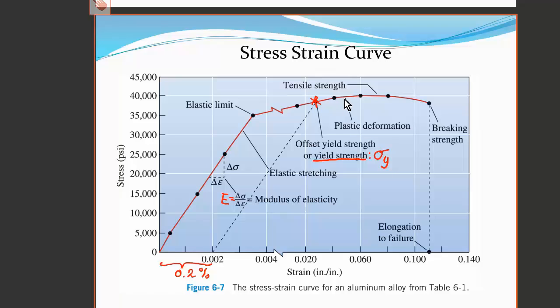We keep increasing the stress. The strain keeps increasing until we reach a maximum point on the graph here. The maximum value of the stress on the stress strain graph is called the tensile strength.